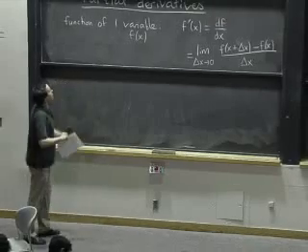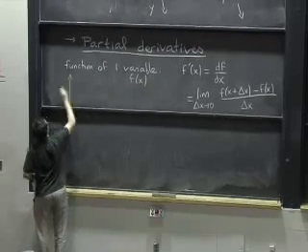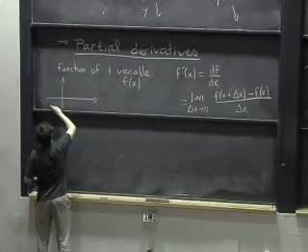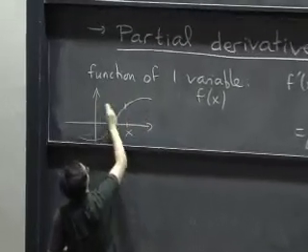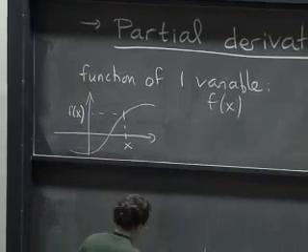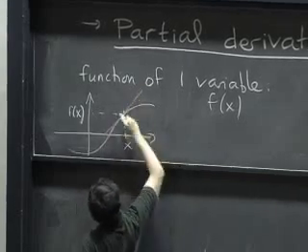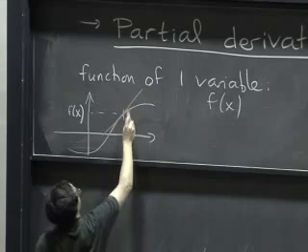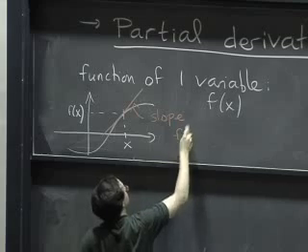Now, oh sorry, I should tell you also what this means on the graph. So if I plot the graph of a function, and I have my point x, and here I have f of x, how do I see the derivative? Well, I look at the tangent line to the graph, and the slope of the tangent line is f prime of x.